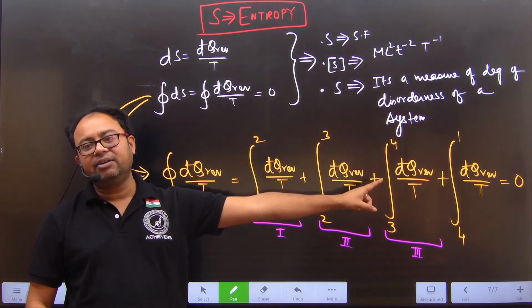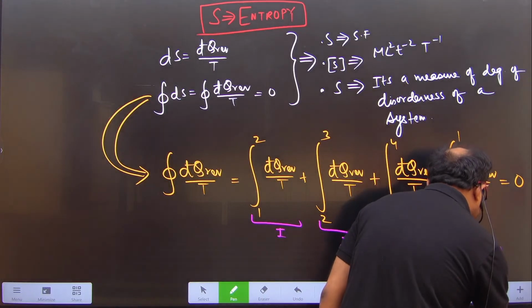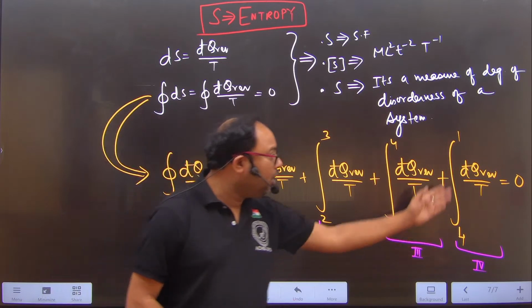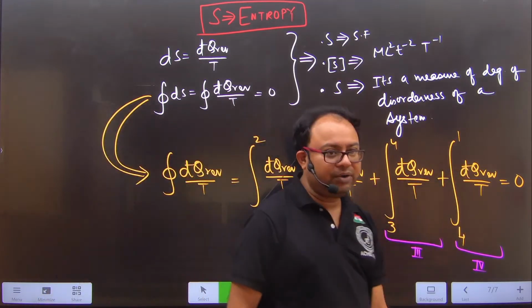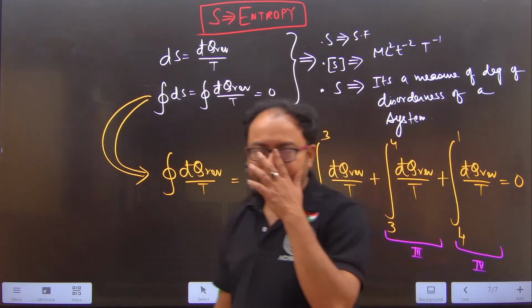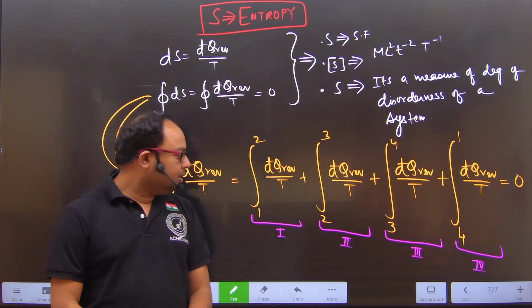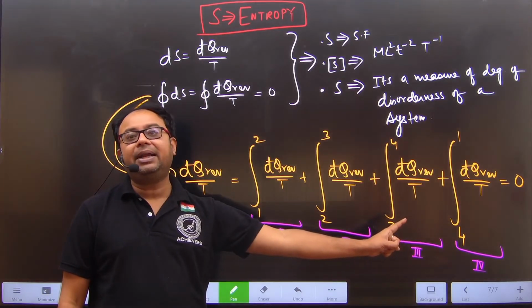And finally, the fourth term depicts step 4, which connects the states 4 and 1. And this entire thing is equal to 0. Now we all know that step 2 and step 4 are adiabatic in nature.